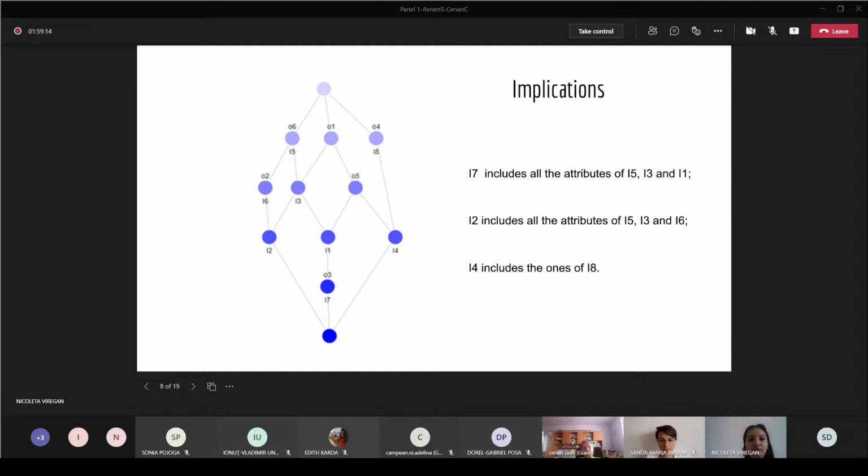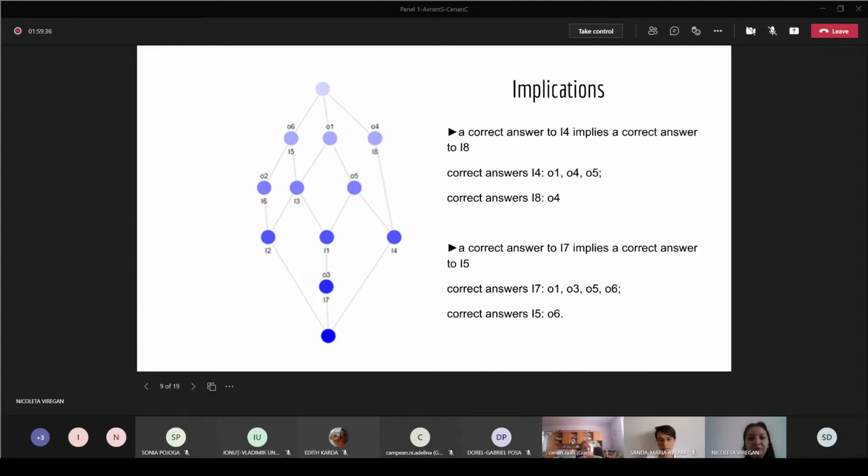Following the lines in ascending order, we can observe that there are 3 main items, item 7, item 2, and item 4, that include the correct options of other testing points, such as item 5 and item 3. Making a parallel to this, and using the results of the dataset, I can state the fact that a correct answer to item 4 implies also a correct answer to item 8.